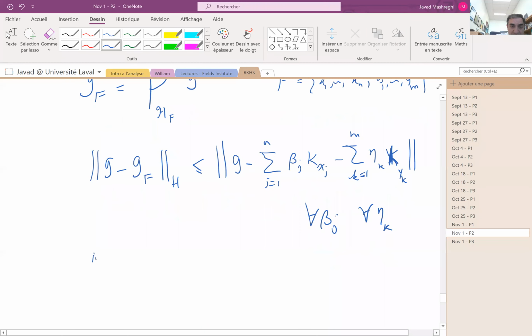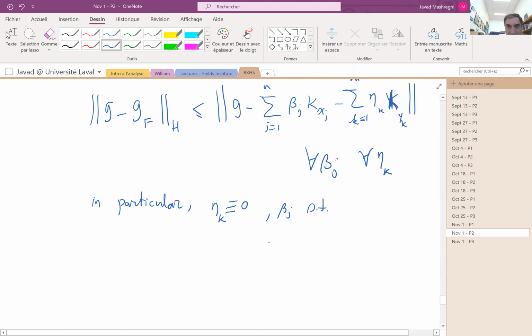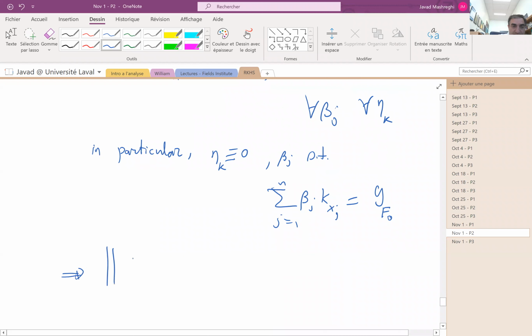In particular, take eta k all equal to 0 and beta j such that the sum j from 1 up to n of beta j k_{xj} is equal to g_{F0}. This is possible by the definition of g_{F0}. Therefore, the norm of g minus g_F is smaller than the norm of g minus g_{F0}.